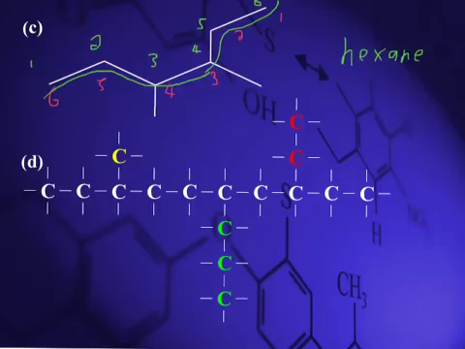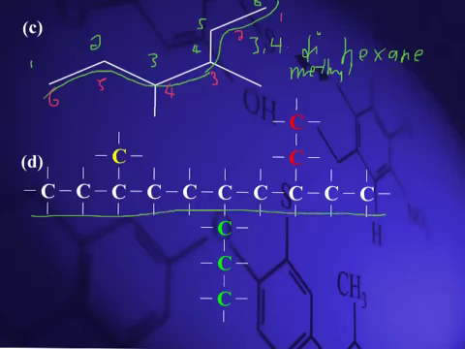Both of these branches will be called 3 and 4. So the name of this compound is going to be 3,4-dimethylhexane.